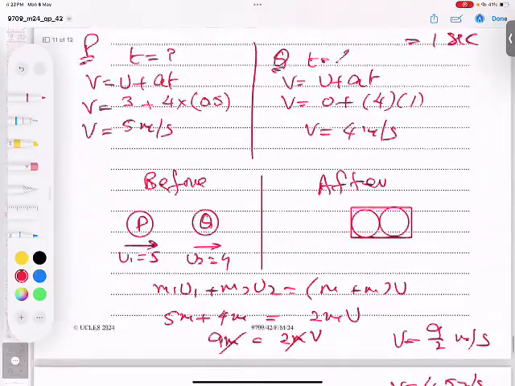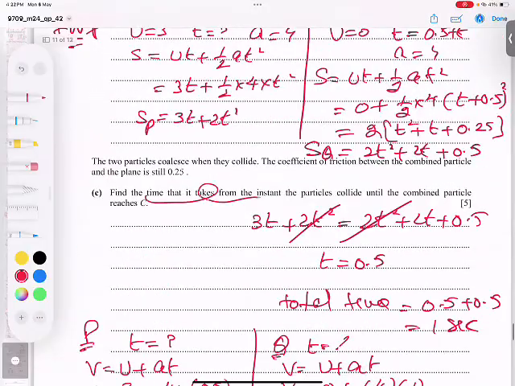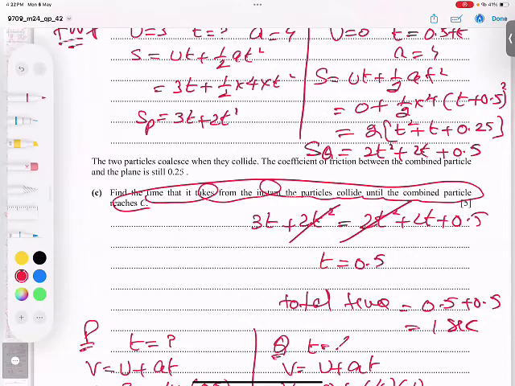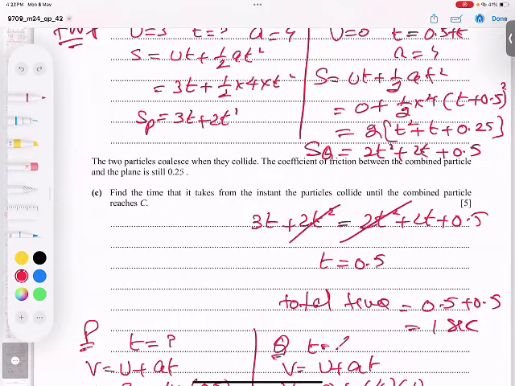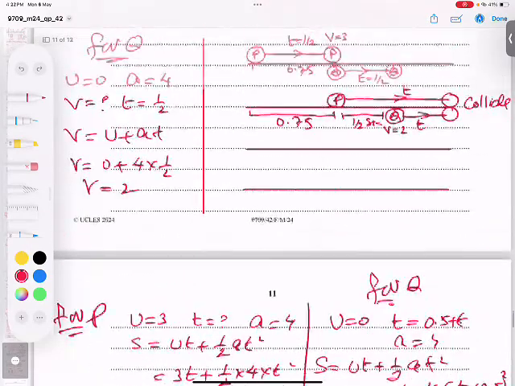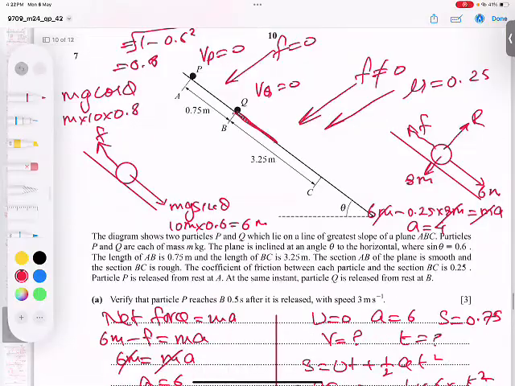But what is the target? He said to find the time instant from the collision until they reach the particle C. Now, students, I will plug in how much it will travel to reach here. This is important with a collision.